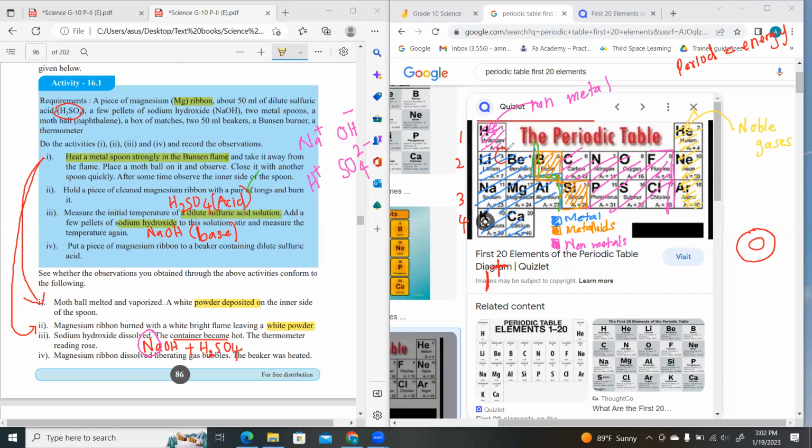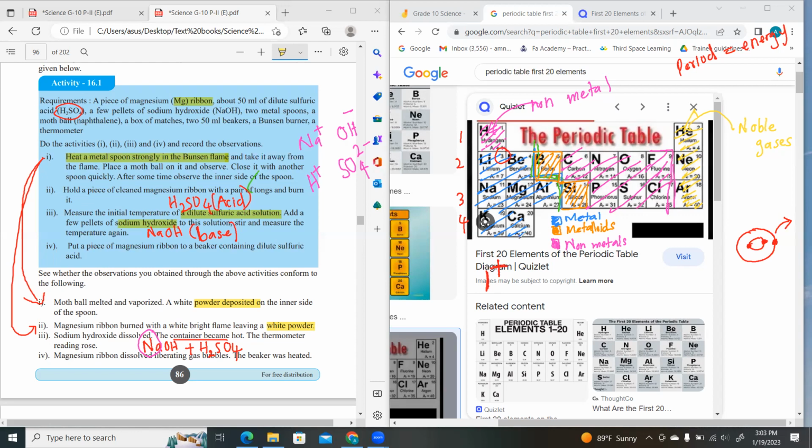You can see lithium is number 3. If lithium is number 3, they have 3 electrons, right? So always you can see the ones who are in group 1 have 1 electron alone in the last energy level, I mean the outer energy level. So they will be willing to release an electron outside and form a +1 ion.